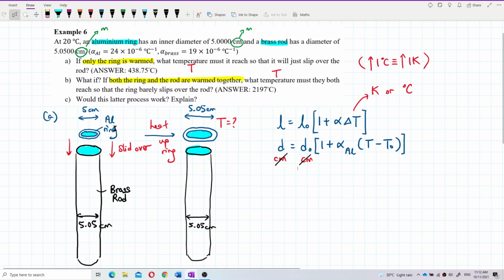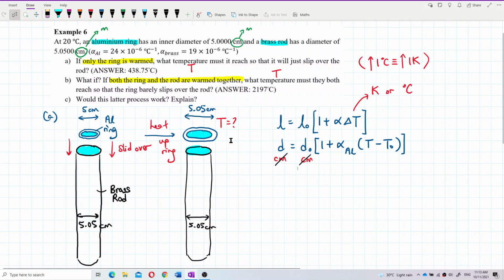So what we want to achieve here is: the initial diameter of the ring is 5 centimeter, and this is the initial and this is the final. We want to heat up the aluminum ring from 5 centimeter to 5.05 centimeter before it can pass through the brass rod. We have to make the inner diameter of the aluminum ring become the same as the diameter of the brass rod.